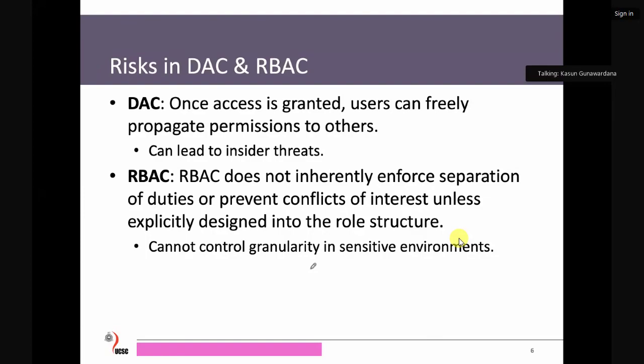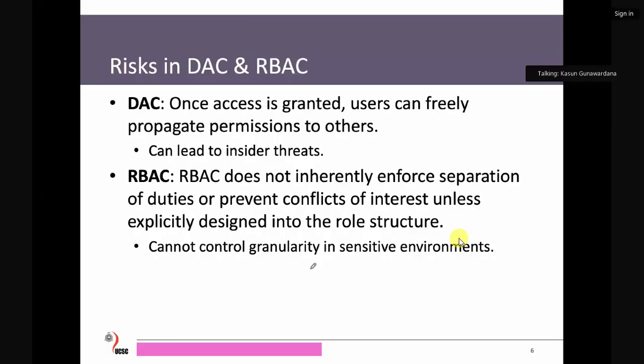And in role-based access control, again, RBAC does not inherently enforce separation of duties or prevent conflicts of interest unless we explicitly design these into the role structure. So such requirements are not inherently included in a typical role-based access control environment.